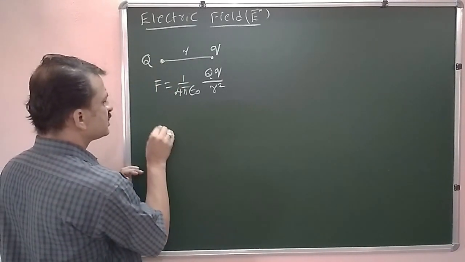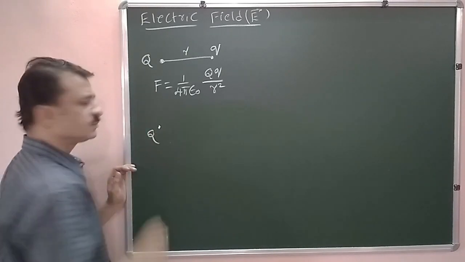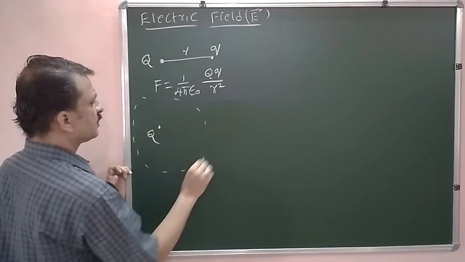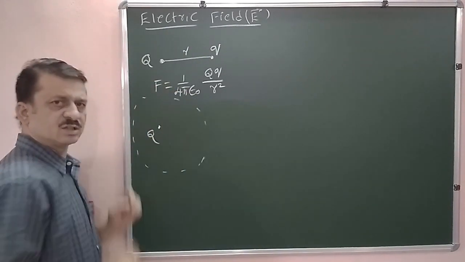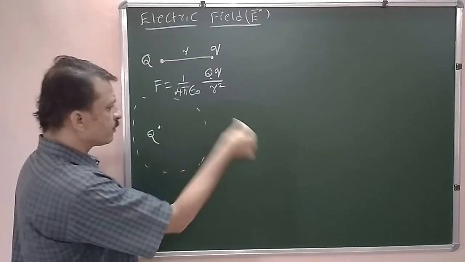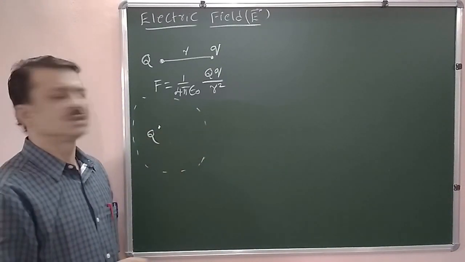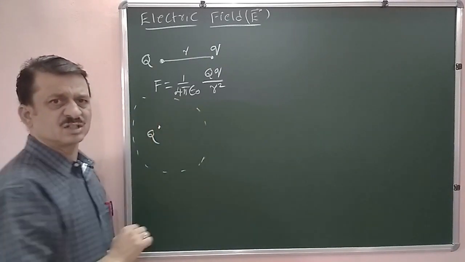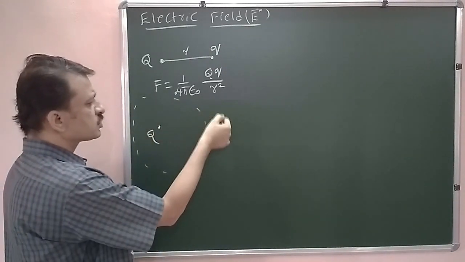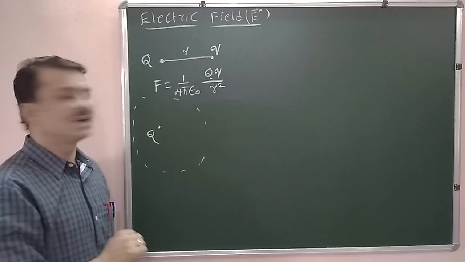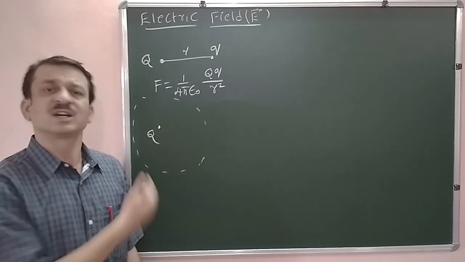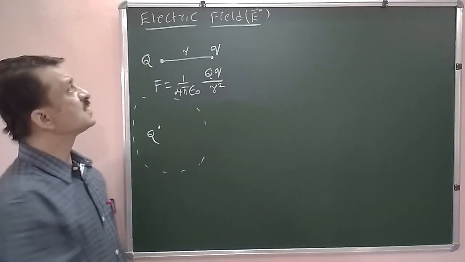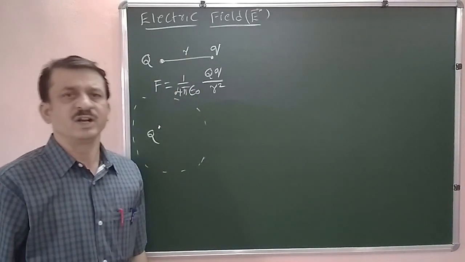So we have a charge, and this is the region around the charge. If I bring another charge into that region, let me call it a test charge. If I bring a unit positive test charge into that region, it is going to experience the electrostatic force. That region around the charge is called the electric field.